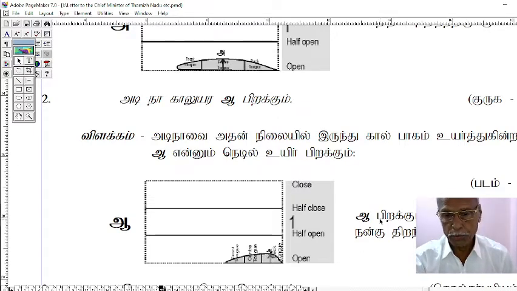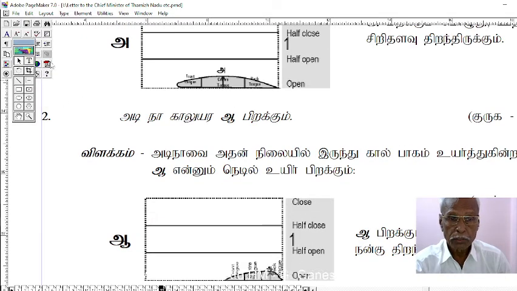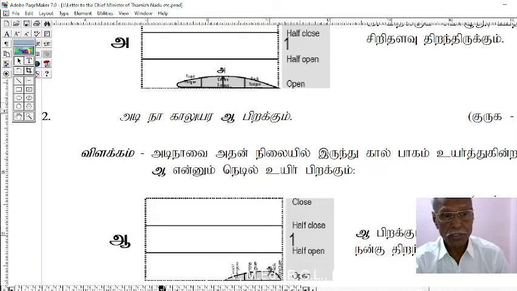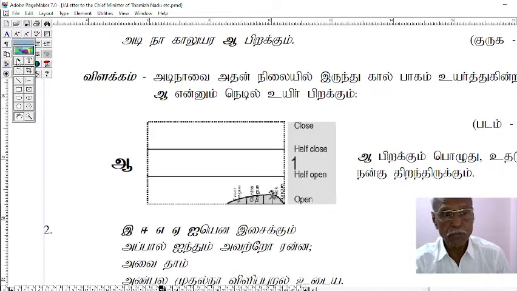When this phoneme is produced, the lips are open wide. You see, the short phoneme A is produced by raising the center of the tongue, whereas its long form Aa is produced by raising the back of the tongue.